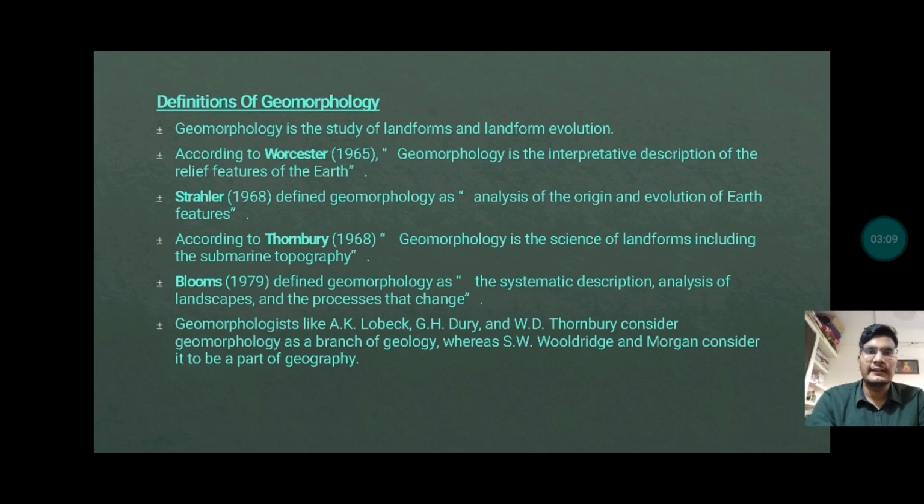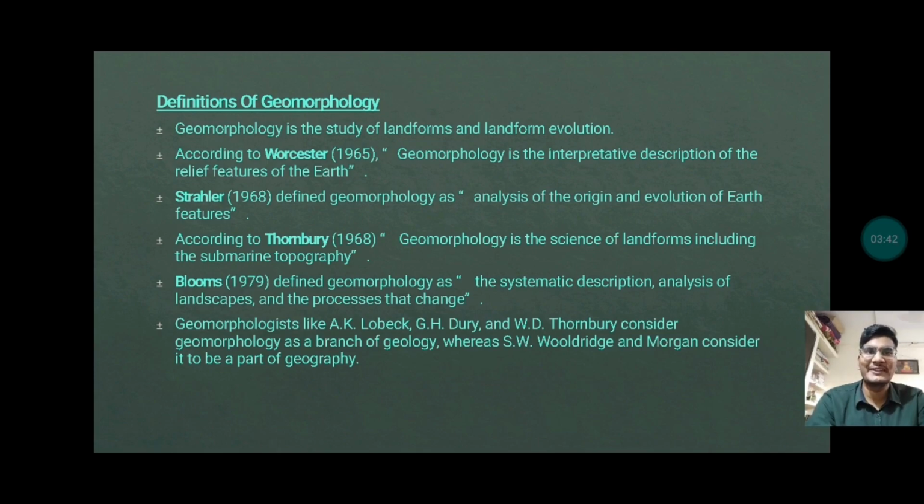Second geographer was Stroller. Stroller in 1968 defined geomorphology as analysis of origin and evolution of earth features. So he had covered both origin and evolution aspects of earth features. The third definition was given by Thornbury in 1968. He is the same scholar who had given the 10 principles also.